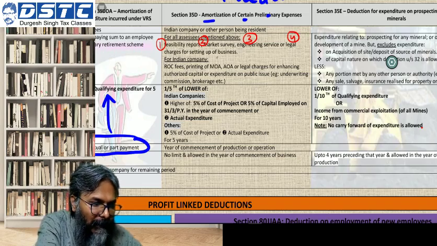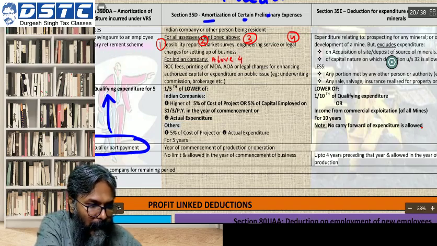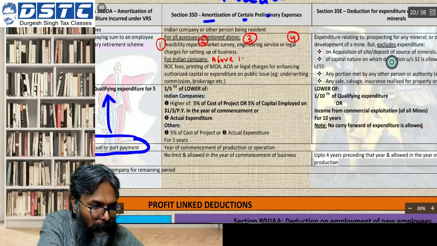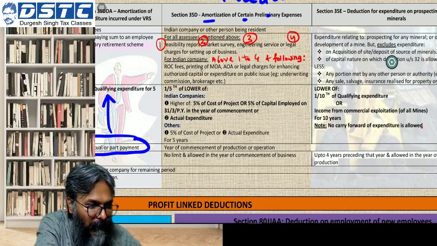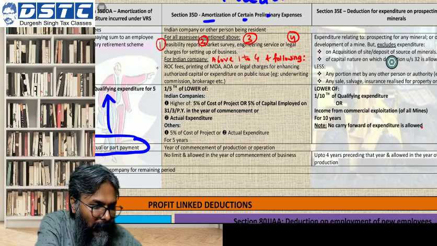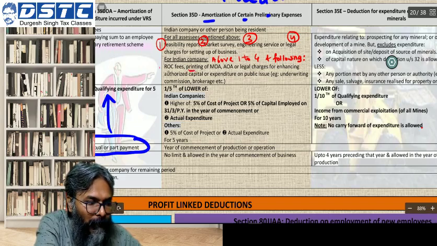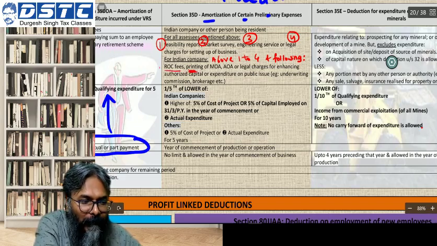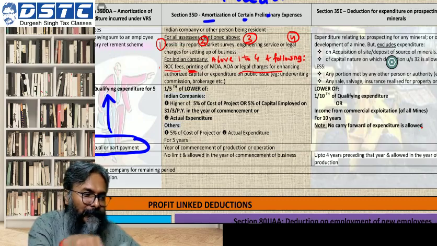And for a company, above 1 to 4, the following: ROC fees is 1, printing of MOA and AOA is 2, and legal charges for enhancing the authorized capital will be 3.